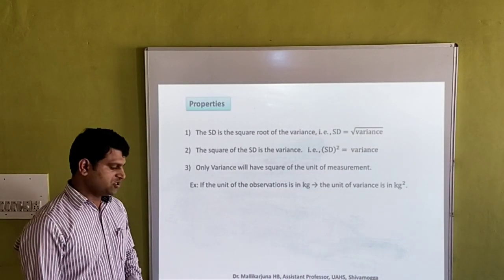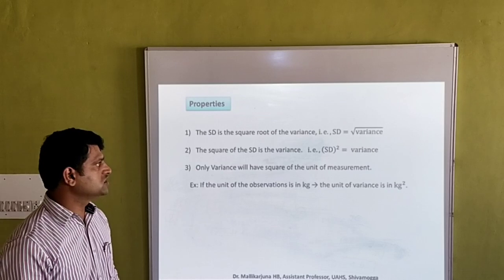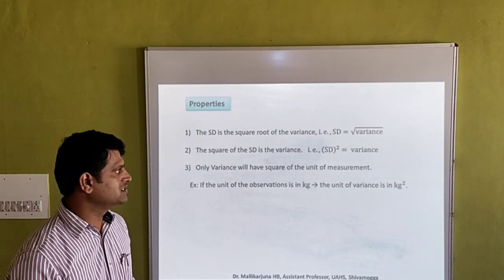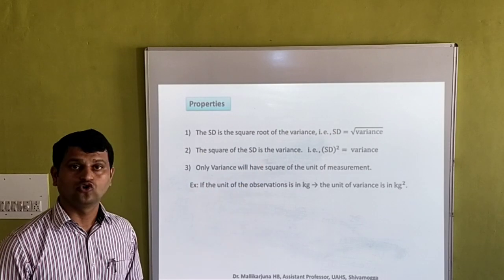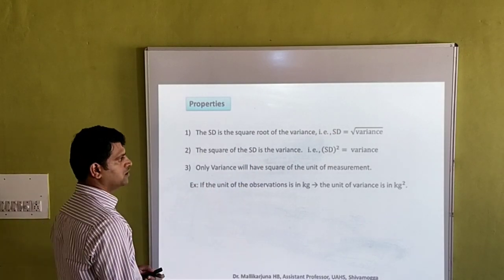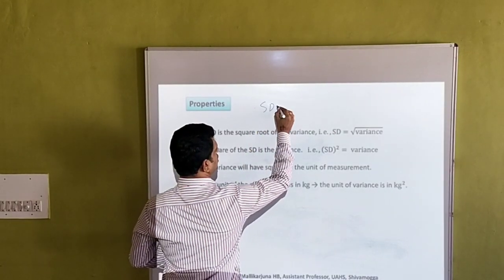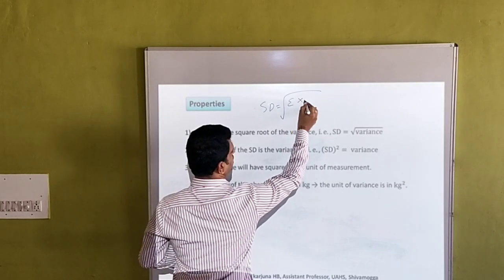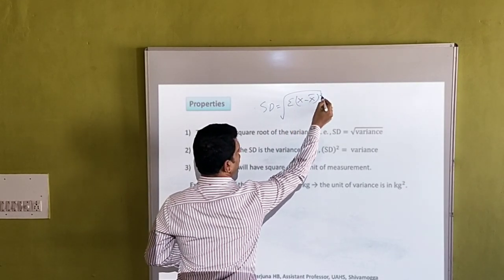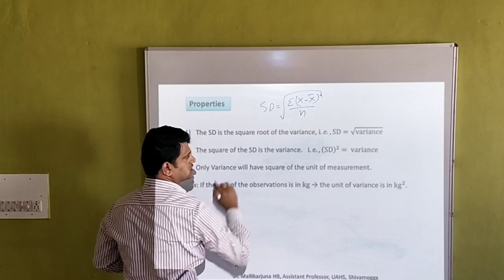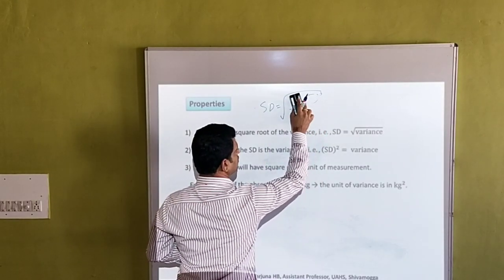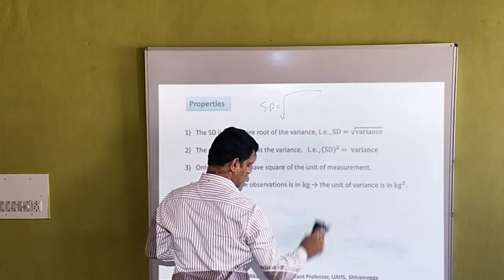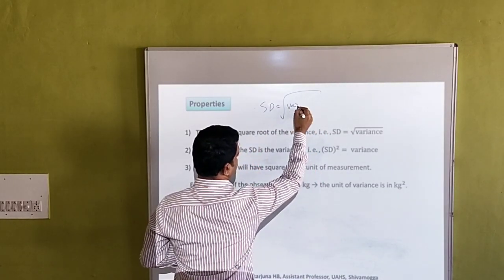So these are properties of variance. SD is the square root of the variance, that is, SD is equal to the square root of variance. So of course SD is equal to the square root of summation of x minus x bar square divided by n, and instead of this inside, I can write variance.